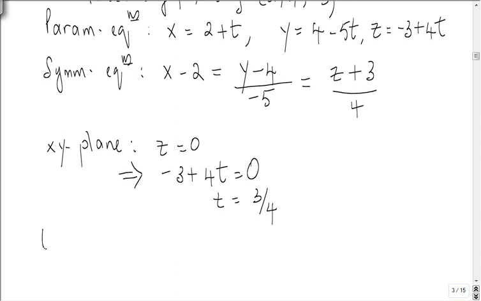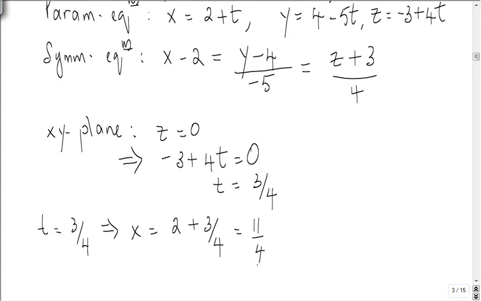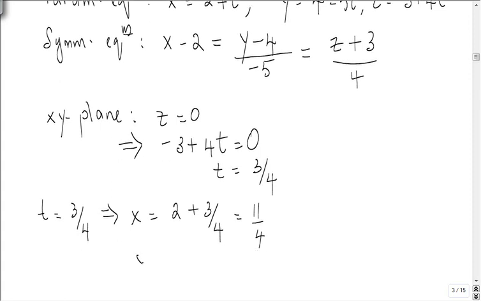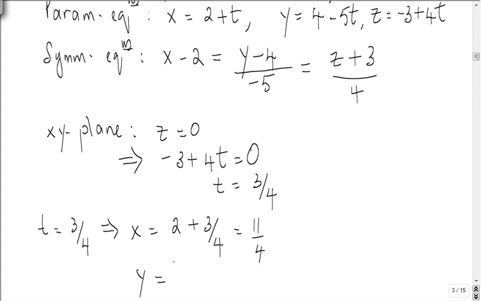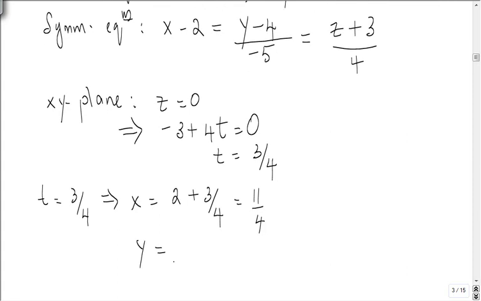So t equals 3/4 implies that x equals, go to your parametric equations, 2 plus 3/4, which is 11/4. Y equals, our equation is 4 minus 5t. So that's 4 minus 15/4, which is 1/4.